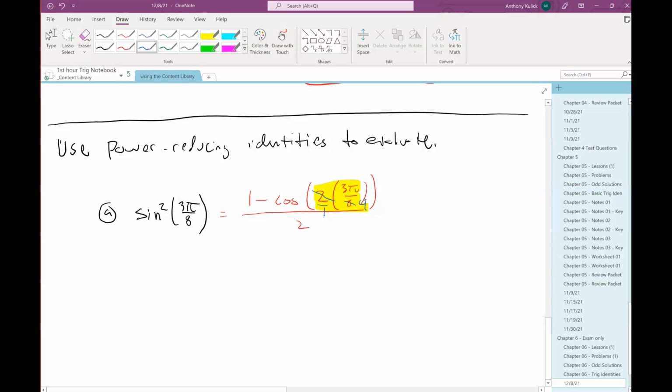So that's really going to turn into cosine of 3 pi over 4, which is great because I recognize 3 pi over 4 as a unit circle angle. So I can go look up the value for cosine of 3 pi over 4 on my unit circle. That's root 2 over 2.